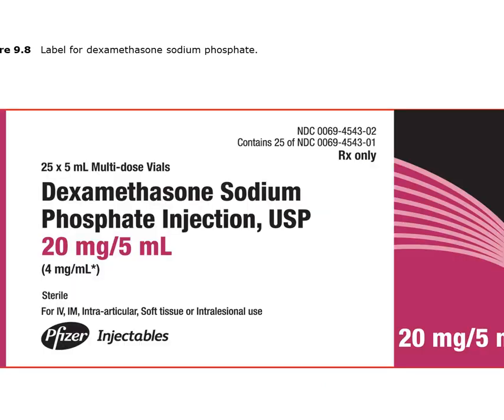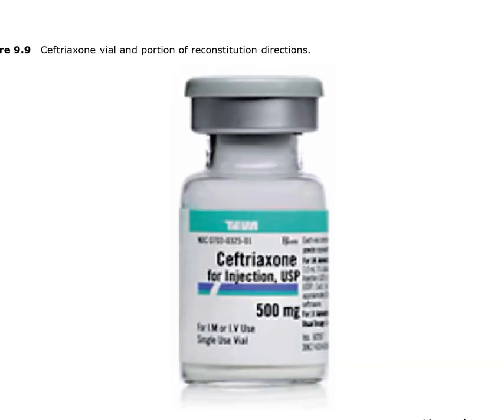Just another label. Again, this is a medication where it would come in powder form, and this label will provide you, as the nurse, directions on reconstitution. Meaning, how do I mix it?